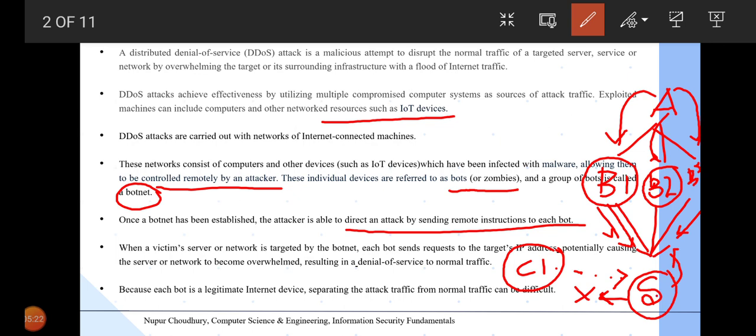So the server basically cannot make out which is the correct one and which is the wrong one, or which is not of use. So the server will give equal treatment to each of the requests, and based on this equal treatment, it will be busy offering its services to B1, B2 and B3 rather than C1, and segregating the genuine from the fake ones becomes difficult.